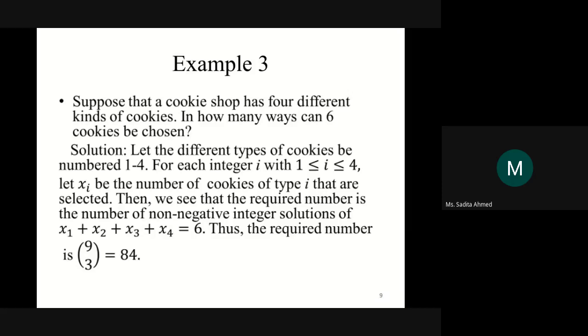You have 3 types of toys, 3 categories of toys, and from there you can choose 9 toys in total. How would you do that? Can you tell me what it would be?